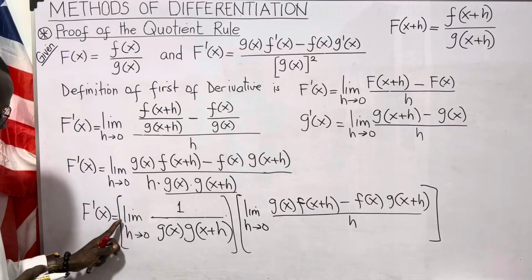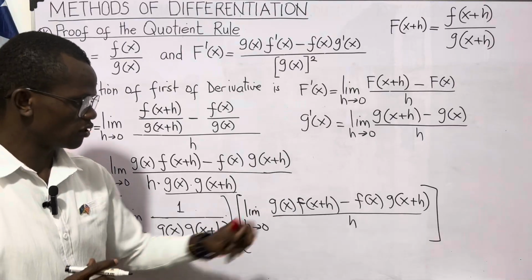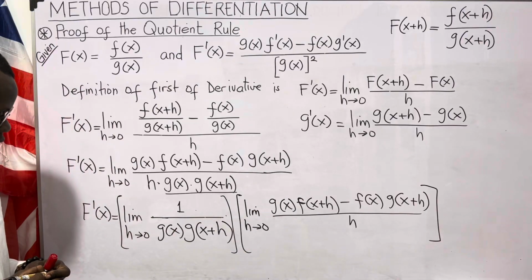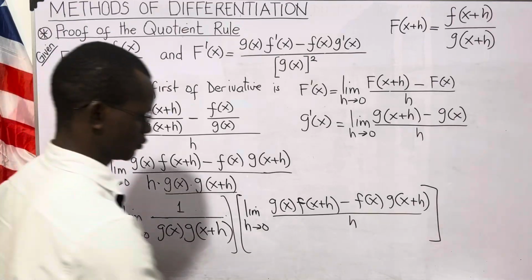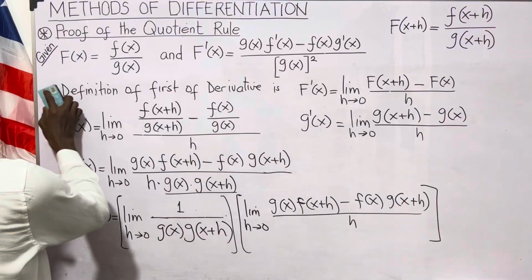So we took the limit of the first factor and we took the limit of the second factor. So here we can apply the limit. Let's move upward.